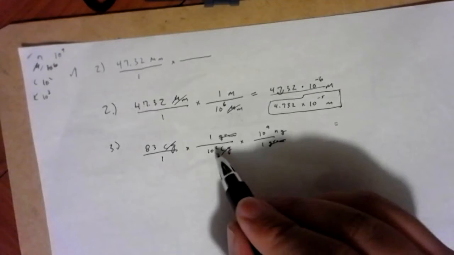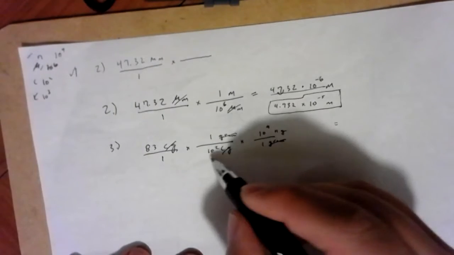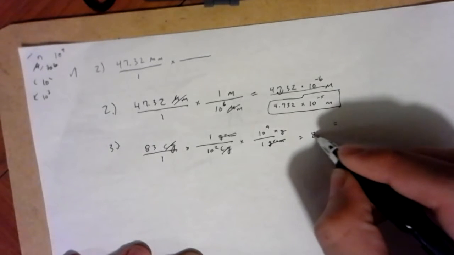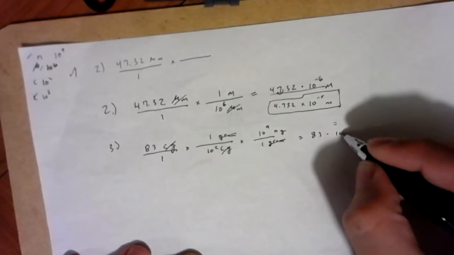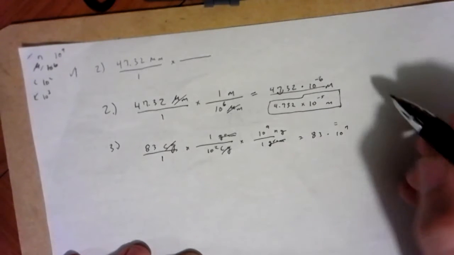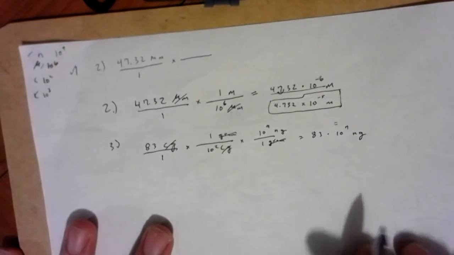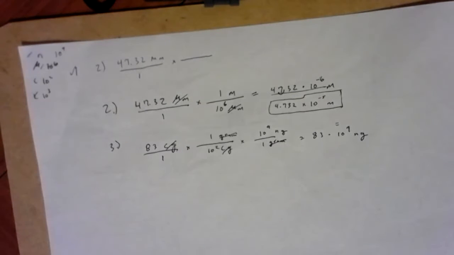Okay. Now this is 10 squared, this is 10 to the 9th. So we can use our exponent rules to cancel that out. And we're left with 83 multiplied by 10 to the power of 7 nanograms. Okay? So what's important again is, let's go ahead and write it in the proper scientific notation.